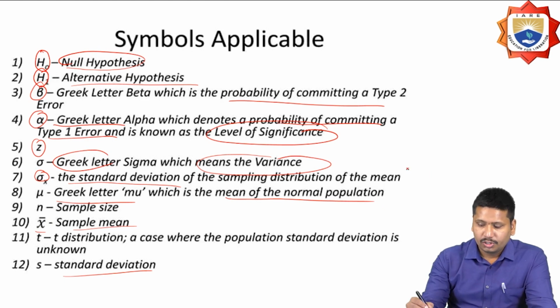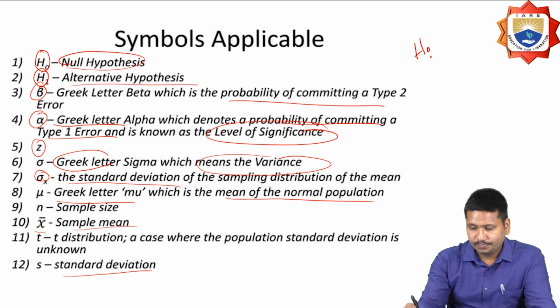Initially you need H naught, which we call the null hypothesis, and H1, which we call the alternative hypothesis.